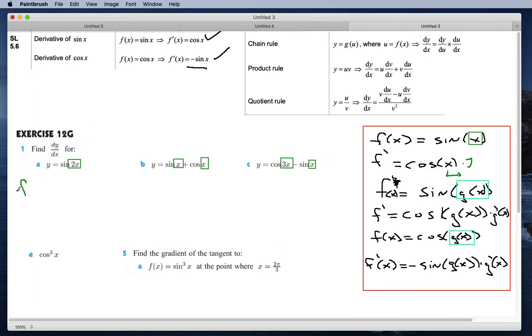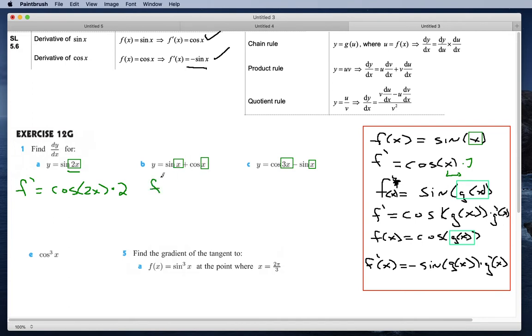So my derivative is going to be sine of the block gives me cosine of the block, but I have to chain rule that in, as you saw here. So the derivative of 2x is 2. And of course you can put that out front here to clean it up later on, but that's what we have to do. Change sine 2x to cos 2x, and then derive what's in this block afterwards and chain it on to the end.